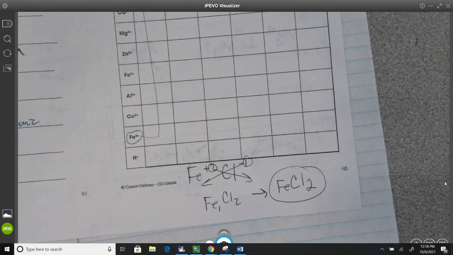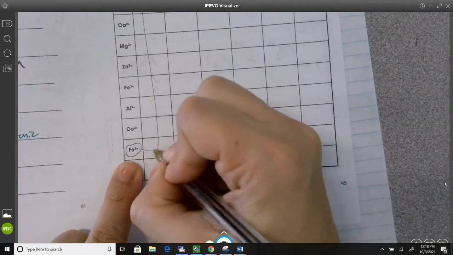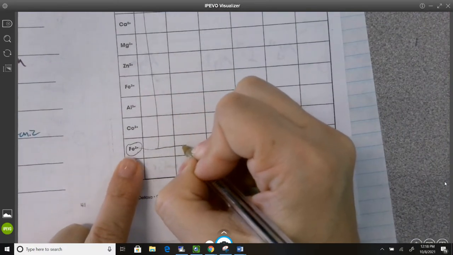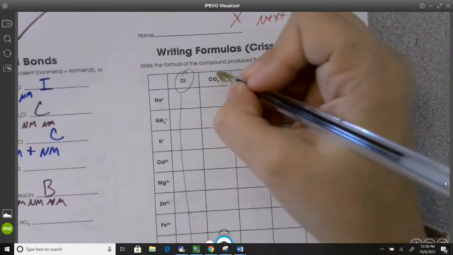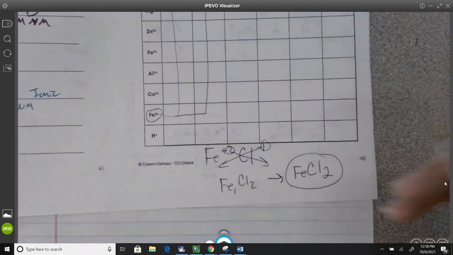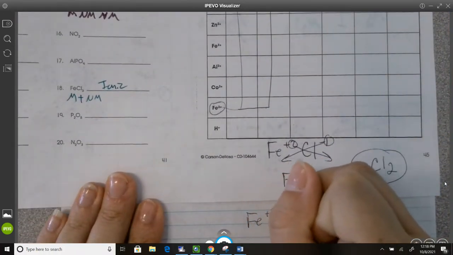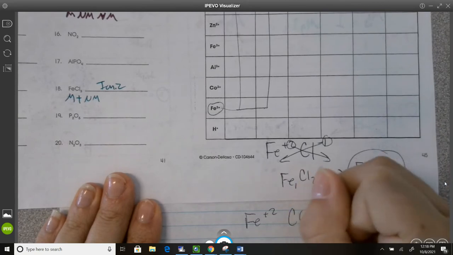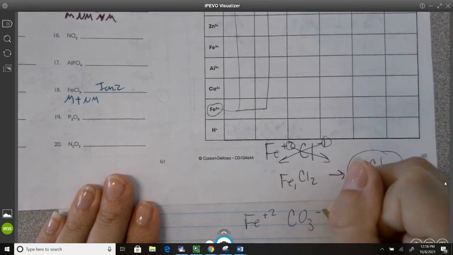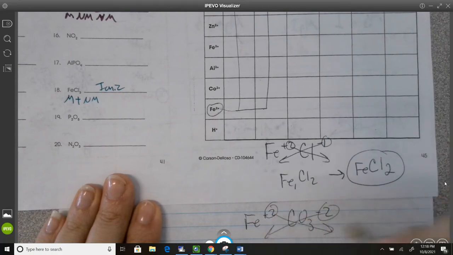If I'm wanting to look at my next box right here, where I'd still have iron +2, and my carbonate, move this up just a little bit, Fe +2, CO3 -2, I would circle the numbers, and I would bring them down.